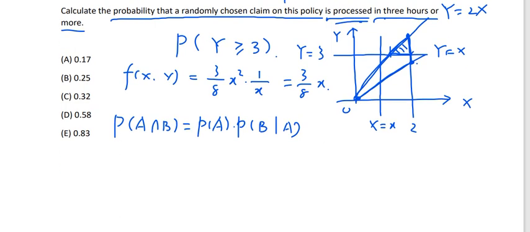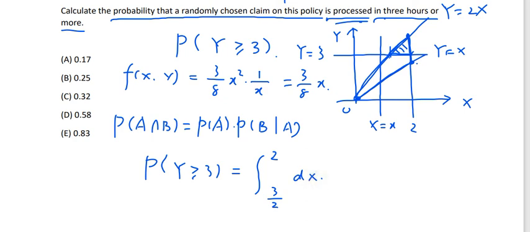Now the problem becomes easy, right? The probability y larger than 3: we just check this region. When y equals 3, x equals 3 over 2, up to 2, there's a dx.